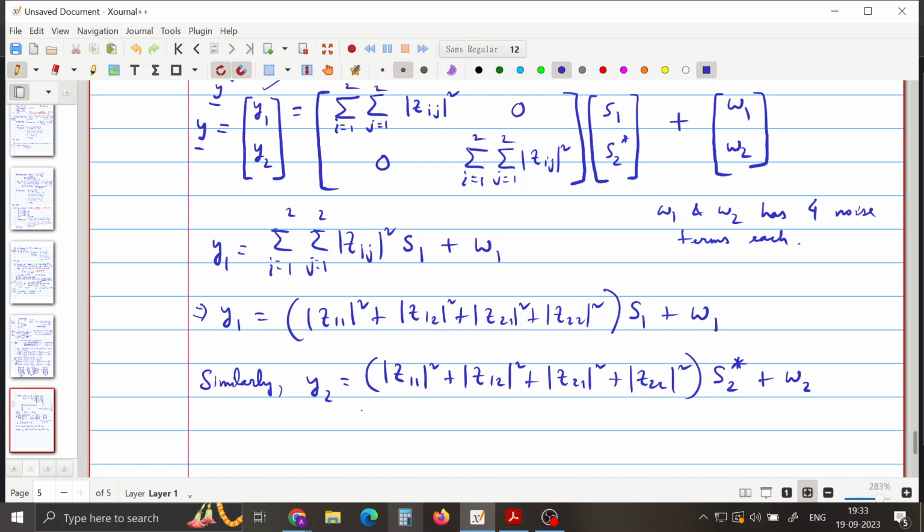Okay, and so you see this much gets multiplied to your signal component. There are 4 terms, right? There are 4 terms. So you get a 4th order diversity here.